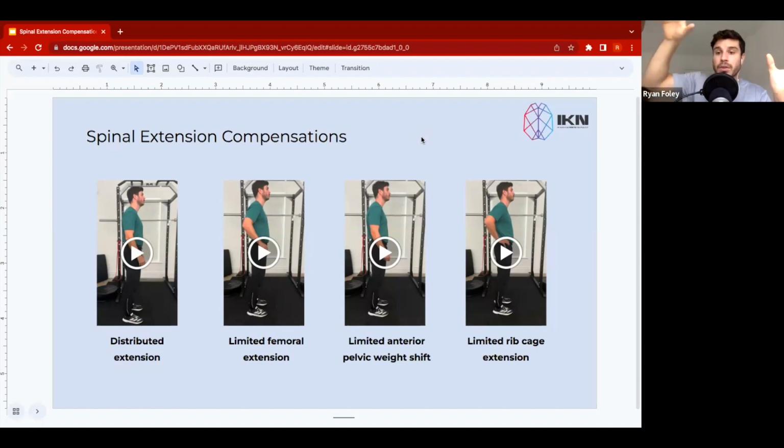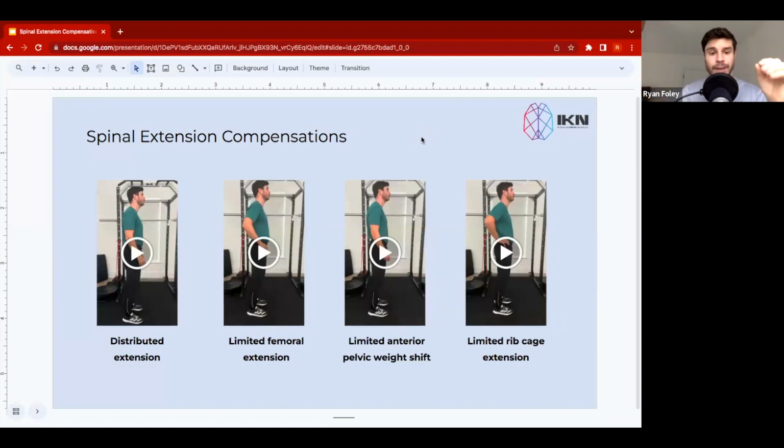So we're going to get rib cage and thoracic spine extension, lumbar spine extension, a flexion or an anterior tilt of the pelvis, and an anterior weight shift. So the pelvis drives forward and moves over the toes, and that allows for the femur to extend. So we can distribute that range of motion over a broader surface area.